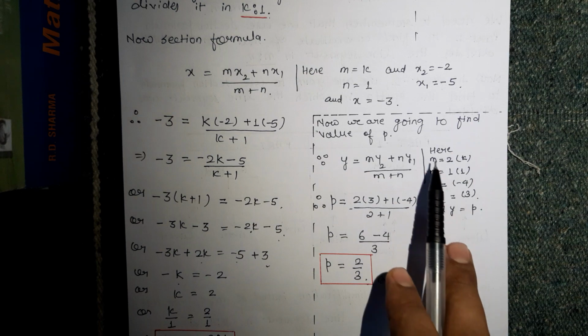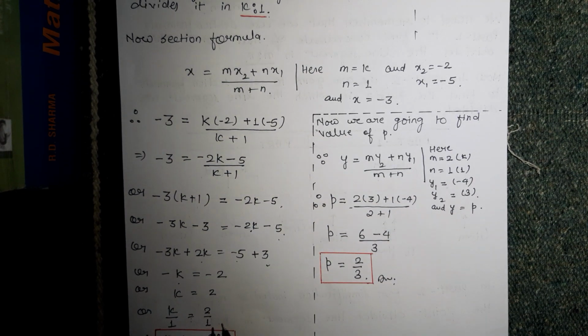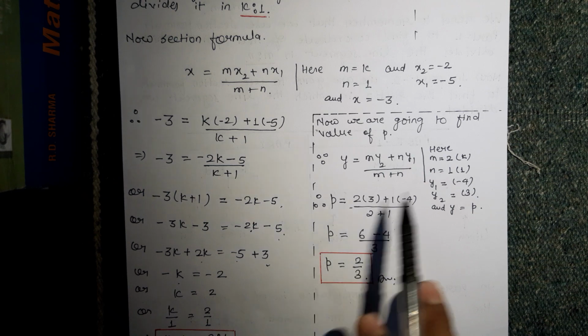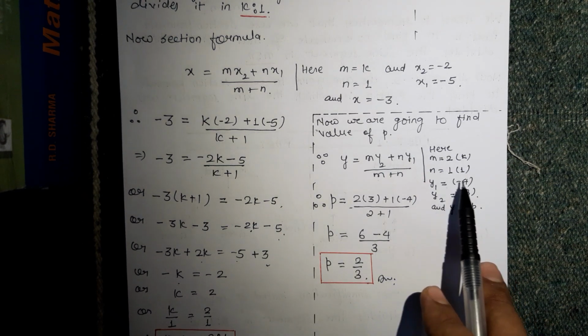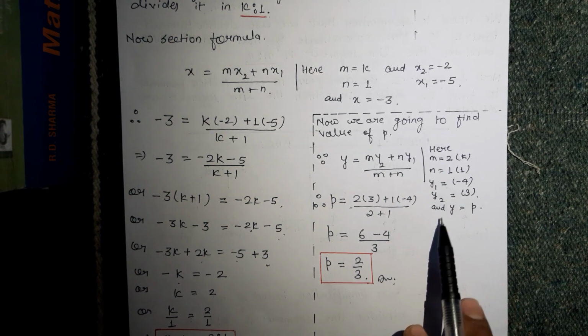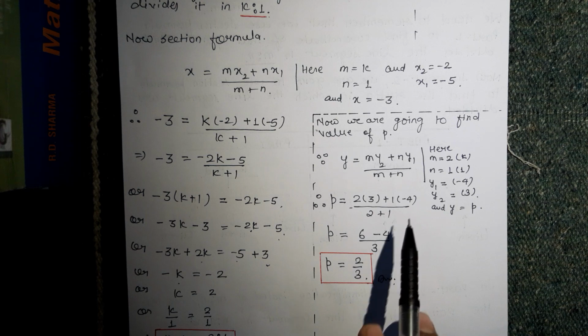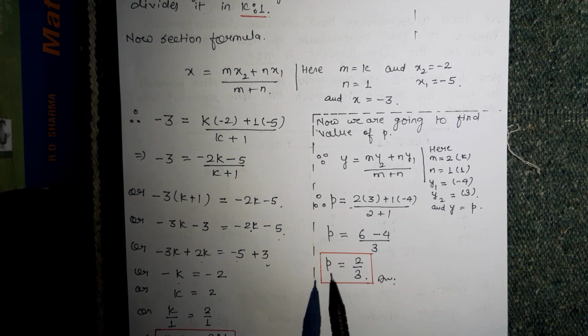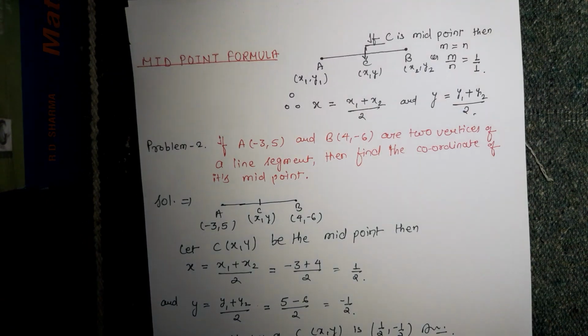If we compare the result, the ratio we found is 2 and 1, so the value of m is 2, the value of n is 1, y1 is -4, y2 is 3, and the value of y is p. Putting all these values in the given formula, and by simplification, we will get p equals 2 by 3. So here was the solution for the first problem.